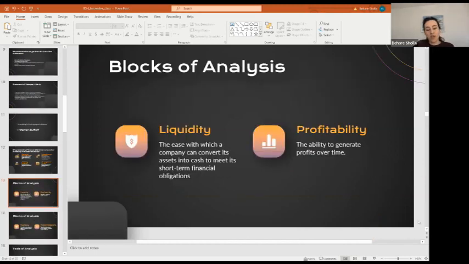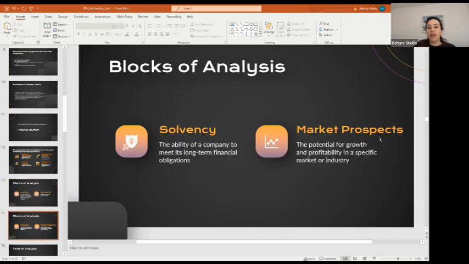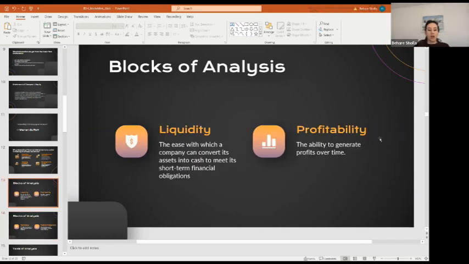All this that we have mentioned until now can be divided in blocks of analysis. So we can analyze the liquidity, the profitability, solvency, and market prospects. The liquidity is related mostly with the balance sheet, where we can get information on how fast the company can convert assets into cash, so it can meet the short-term liabilities or obligations.